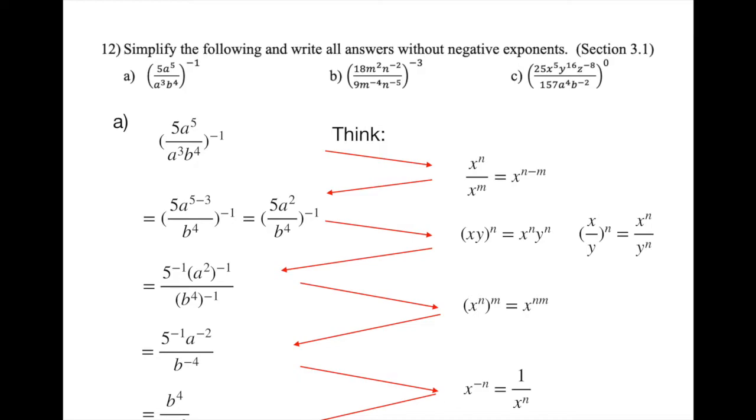So it will come down. Same thing to the a to the power of negative 2. So it goes down. A will have the power of 2. And the b to the power of negative 4 will flip to the upper part, so the numerator. So b to the power of 4. So this result should be your final result here.